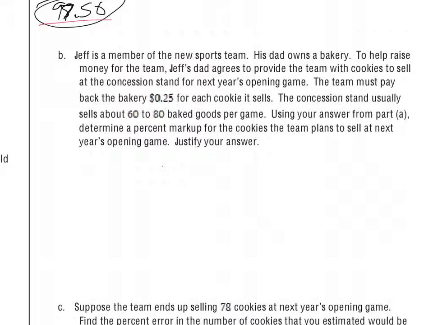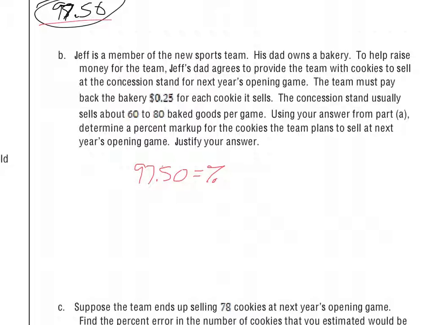Just the markup price needs to be the $97.50. So looking at this, I need to make $97.50, and I'm marking it up some percentage, and the whole is what they're buying them from the bakery for.